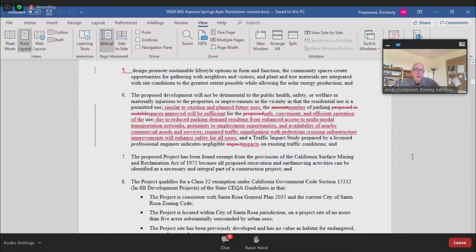It's important to note here that the project was planned consistent with future development in the area according to the general plan, and that full consideration was given to the operation of the facility, compatibility with the area.